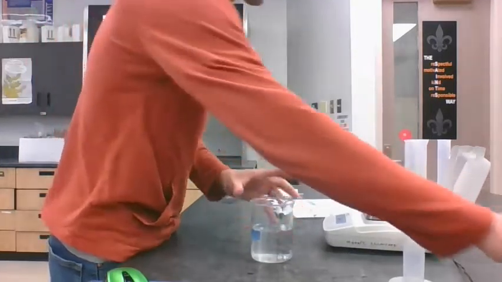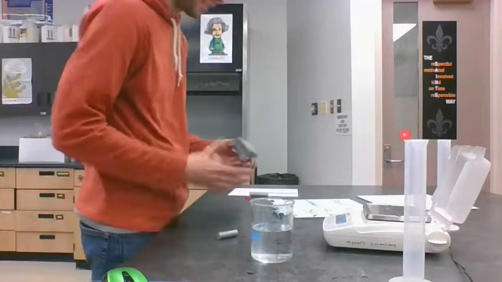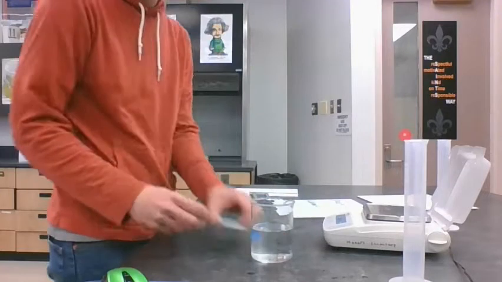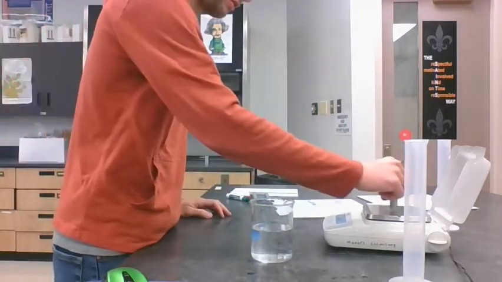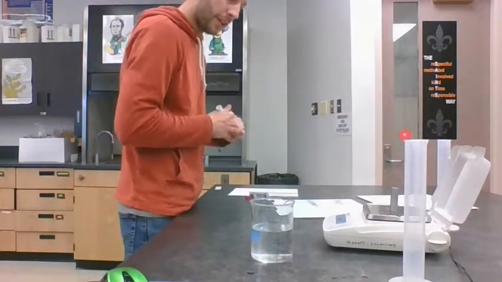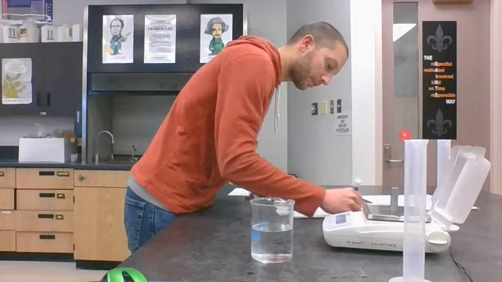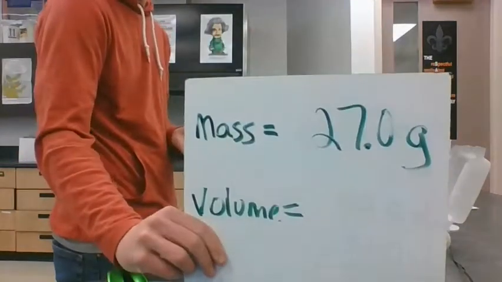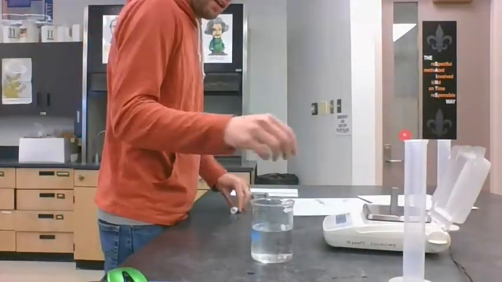Okay, so again, we're going to move on to the next one. Two more of these pieces left. The next piece is even a little bit bigger than that last one, and we get 27.0 grams. The mass is 27.0. Again, same thing.